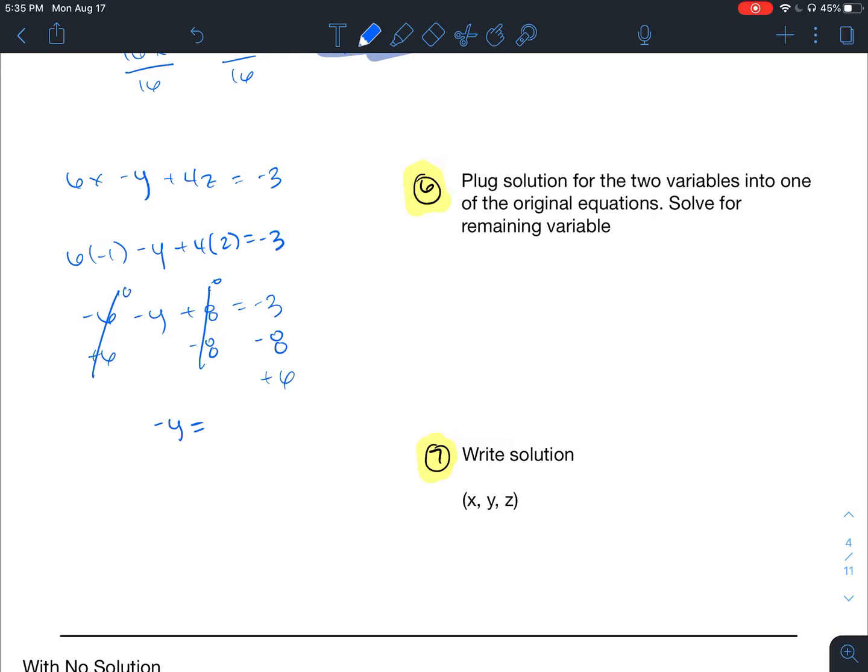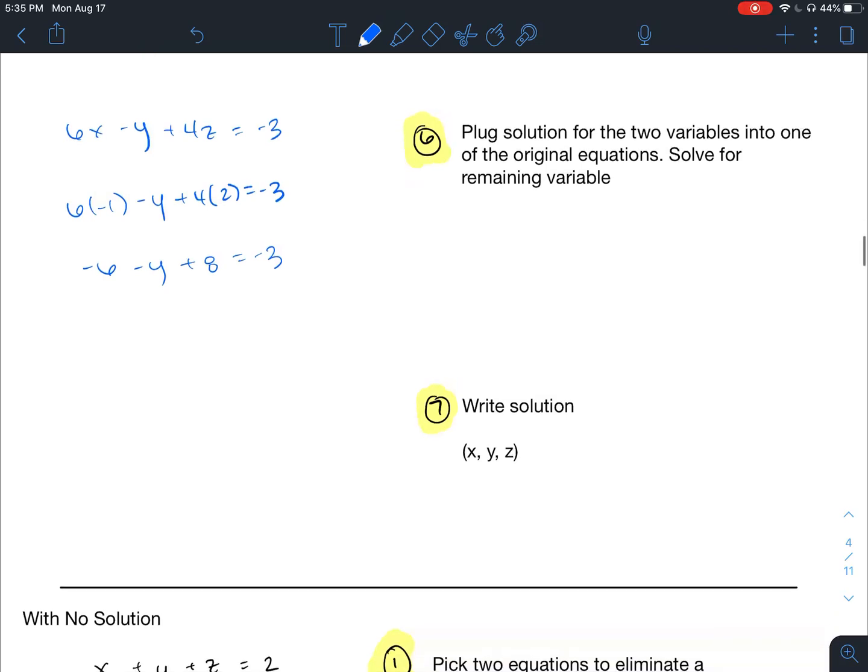I think I accidentally wrote this down wrong. Here, let me do this in a little bit of a different way before we go crazy and do too many things at once. So negative 6 and 8, let's go ahead and add these while they're already on the same side. So we have negative y plus 2 is equal to negative 3.